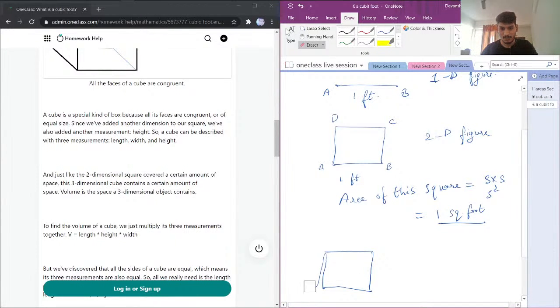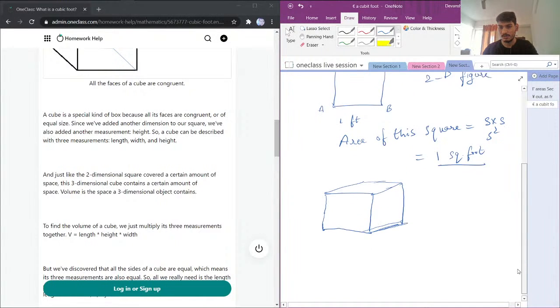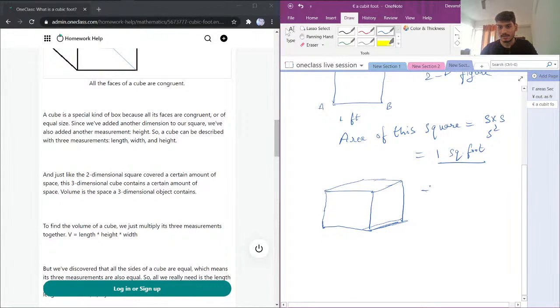It is very hard to draw a straight line, especially in this software. So let's just say that this is a cube and this is a 3D figure.